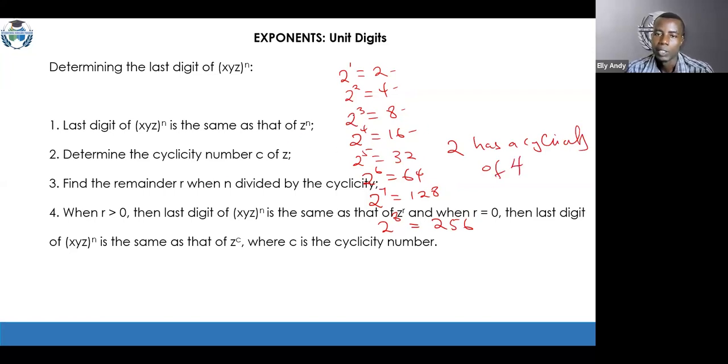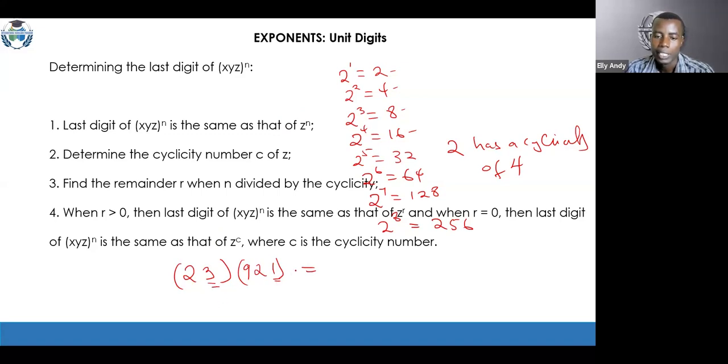Now, understanding this is very crucial when dealing with arithmetic operations involving unit or last digits. Because for many of these operations, the last digit depends on the unit digit or last digits of the numbers involved. So what am I saying here? For example, when you have 23 multiplied by something like 921, the unit digit of this operation will depend only on the unit digit of the individual numbers, right?